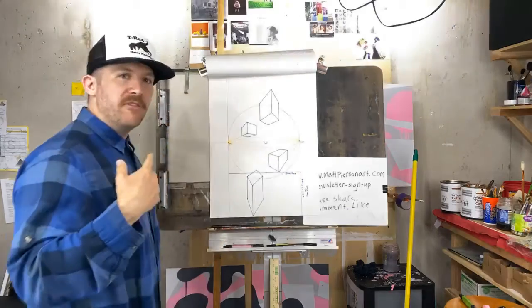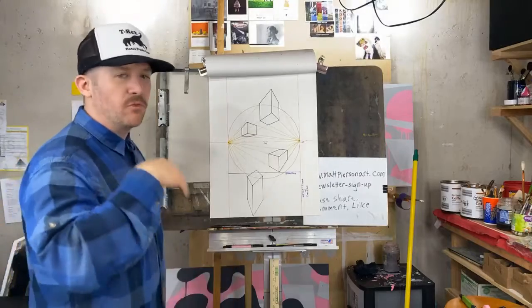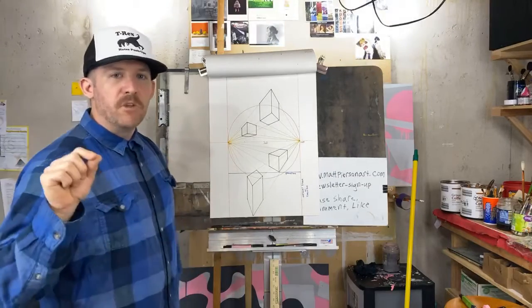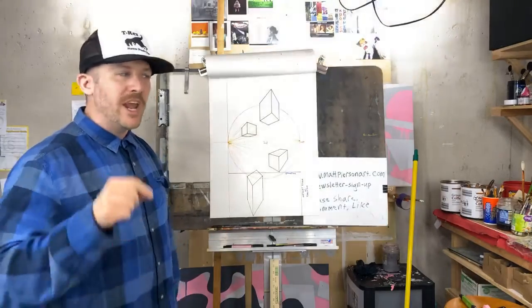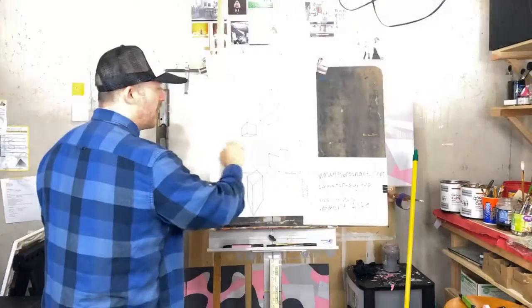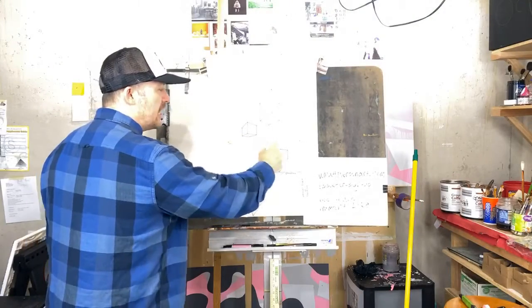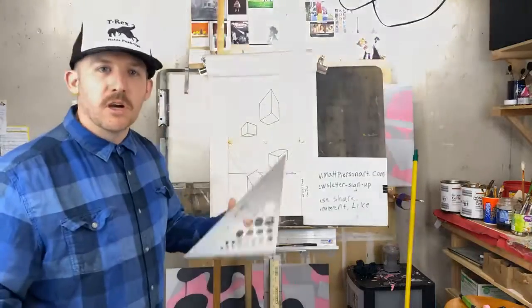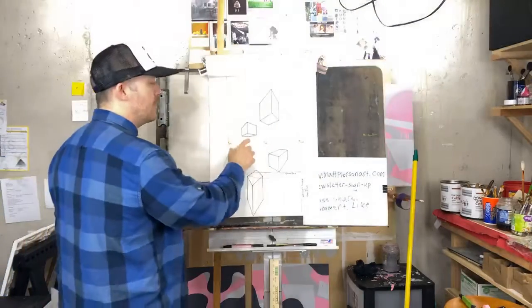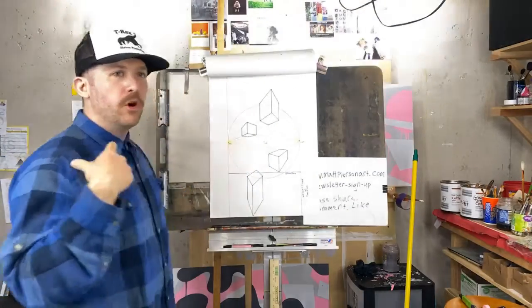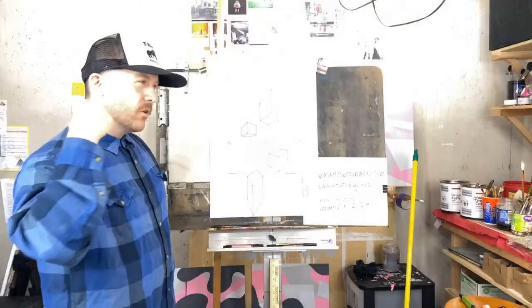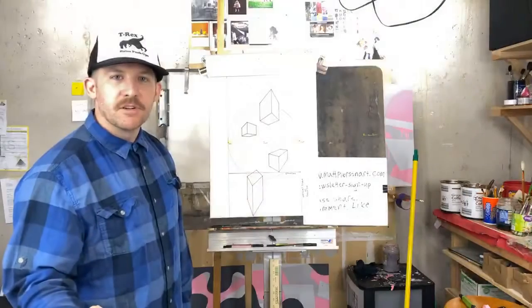That'll always have a better outcome than to randomly place your vanishing points left and right. Because if you randomly place them without having them spaced equally, you're going to get random outcomes. Okay, so this is a way to make more believable, more stable shapes, right?